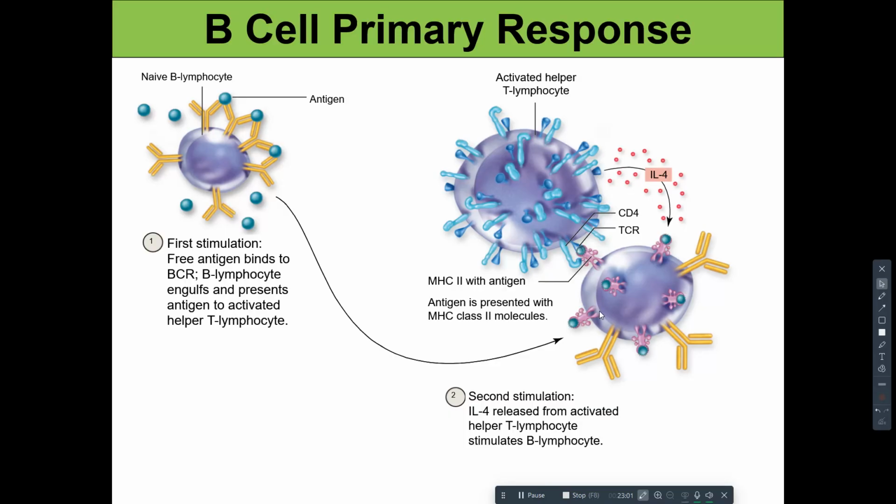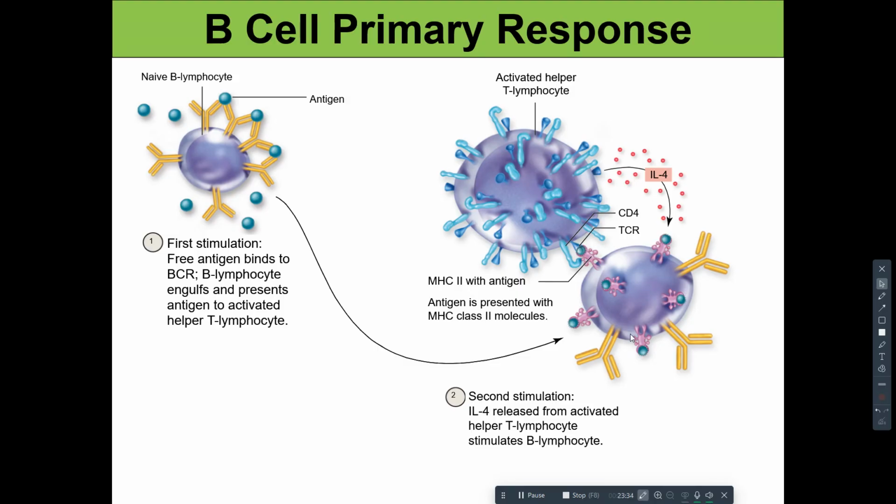So the B lymphocyte is showing it to that activated helper T cell that is also specific for the same thing. The activated helper T cell responds by releasing an interleukin, giving this B cell permission to respond. So it's like a double check, a safety check to prevent the B lymphocytes from running wild and killing things they should not.